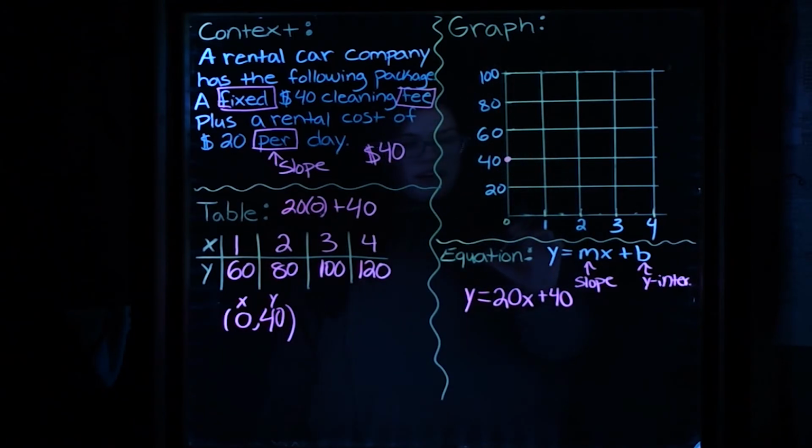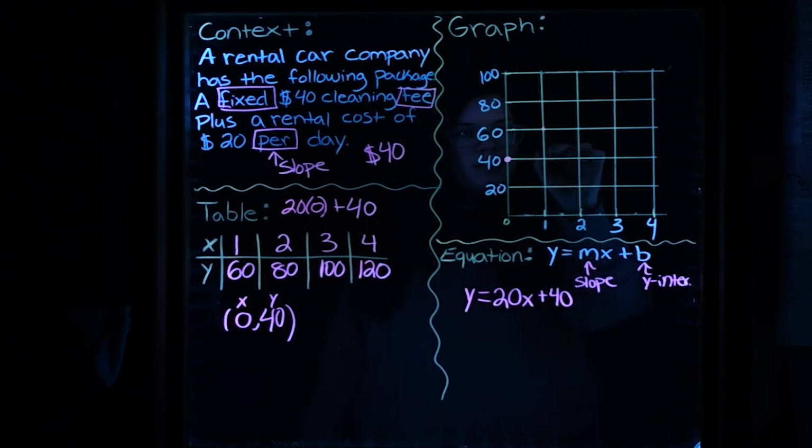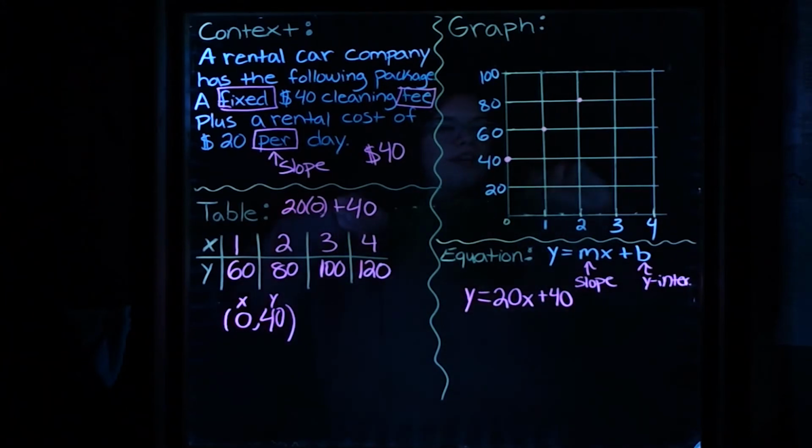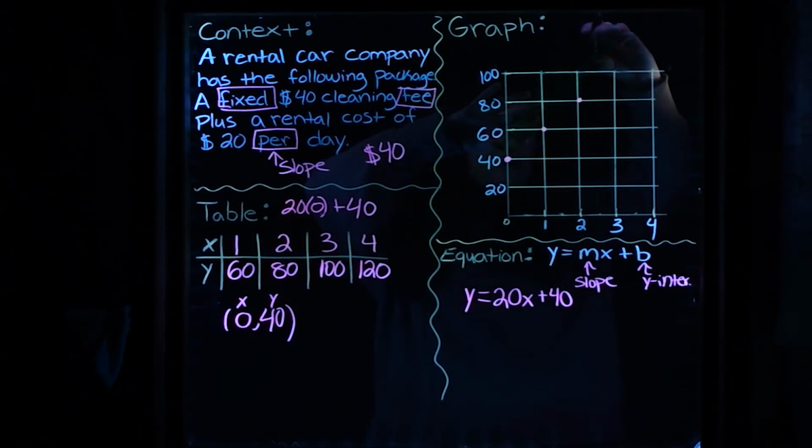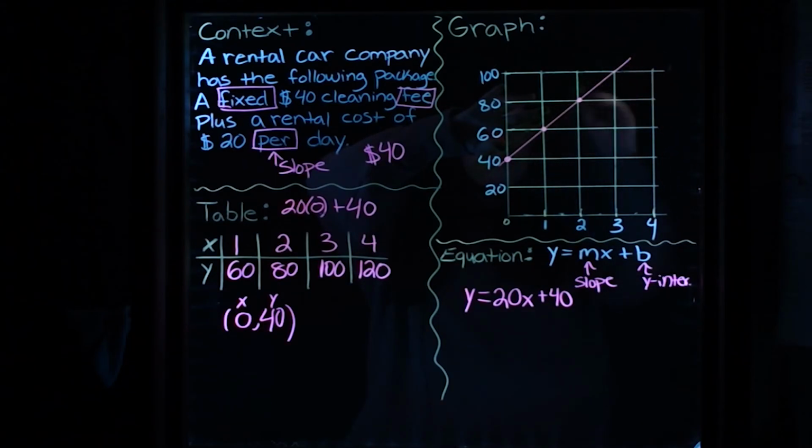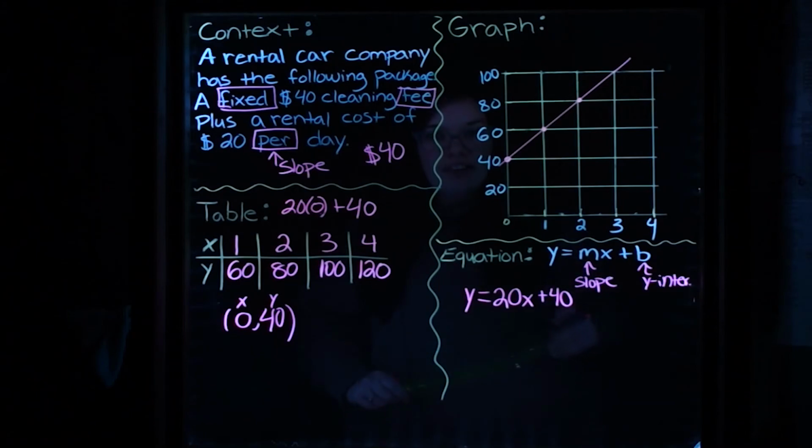So I can go ahead and graph the rest. X is 1, y is 60, x is 2, y is 80, and so on and so forth, and then I can go ahead and draw my line. And there you have it.